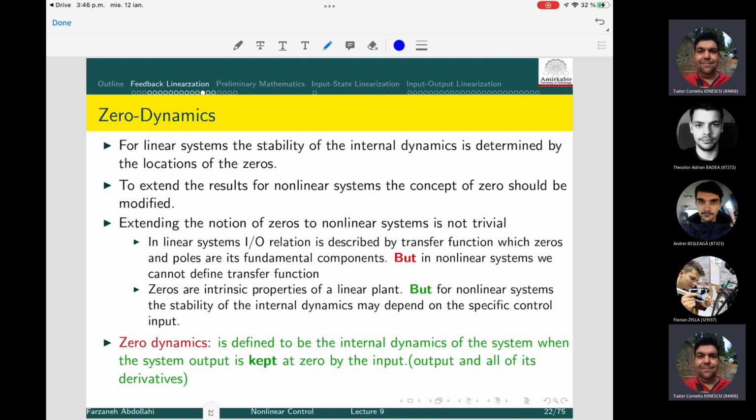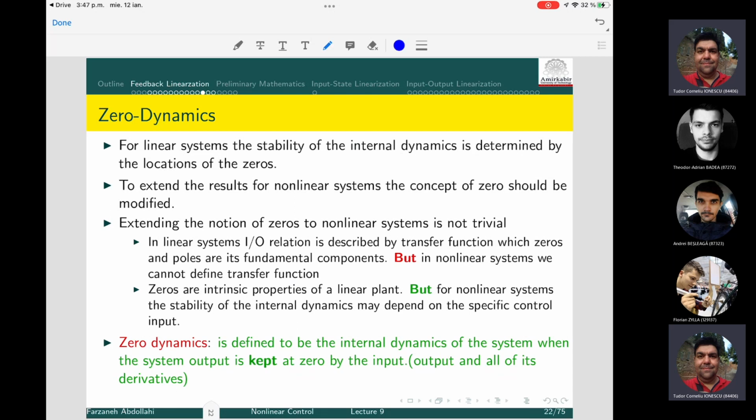And now we further proceed to the so-called zero dynamics. So this is to characterize the zeros of a system, linear, non-linear, or in particular a linear system. Zero dynamics is actually the dynamical description, if you like, of the notion of zeros of a transfer function, okay, which we know from linear systems.